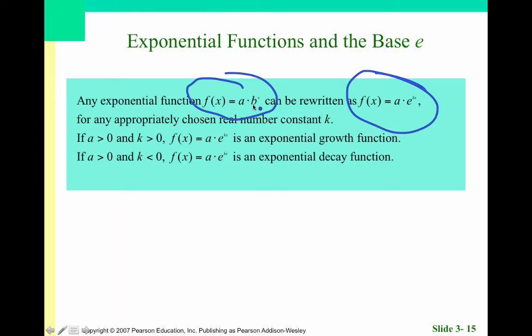The difference here is in this guy, we've got B is greater than 1 for growth. And in this guy, E is a number, it's 2.718, so the K is positive. So if you have a positive exponent, you get growth. And if K is negative, less than 0, you get decay. So we'll work with that as we continue in the chapter as well.